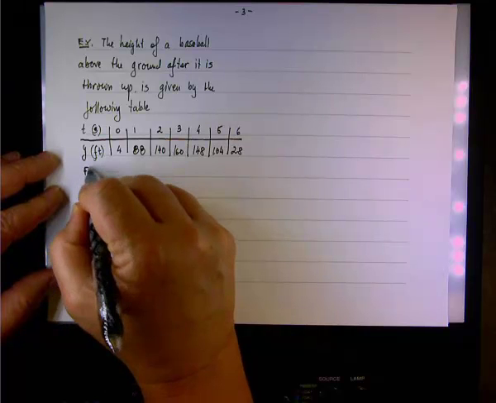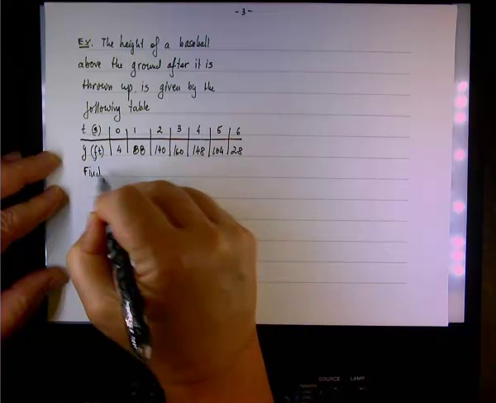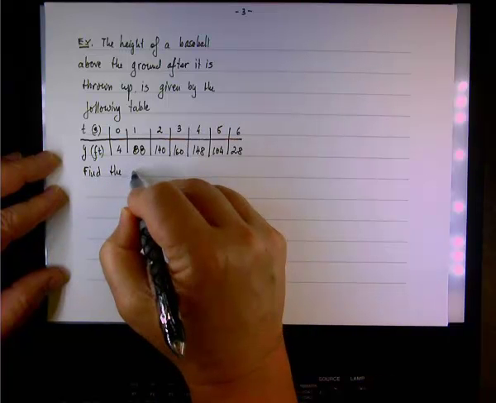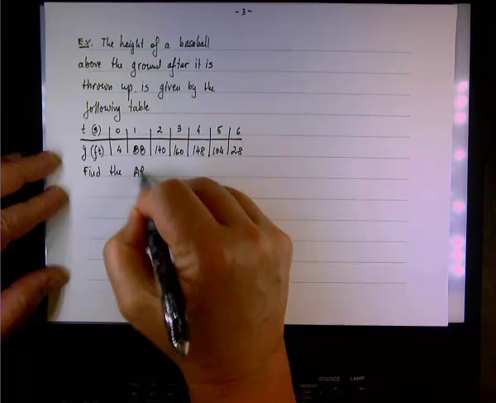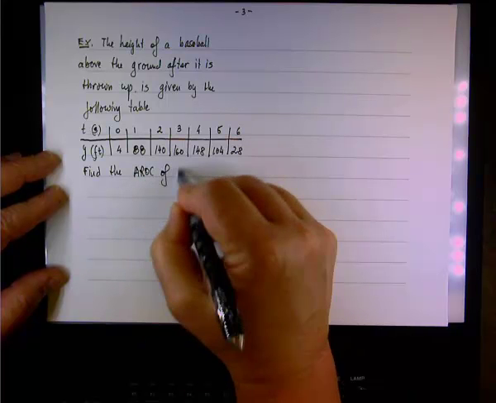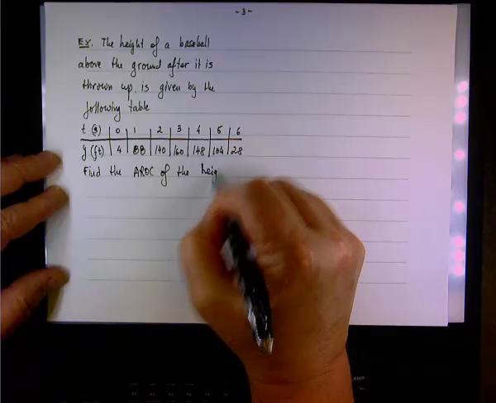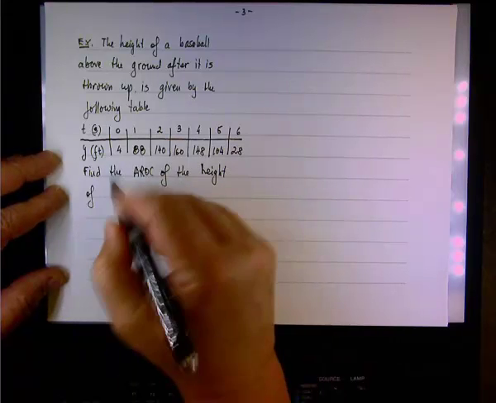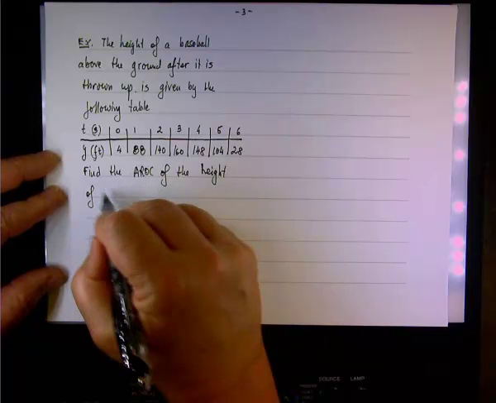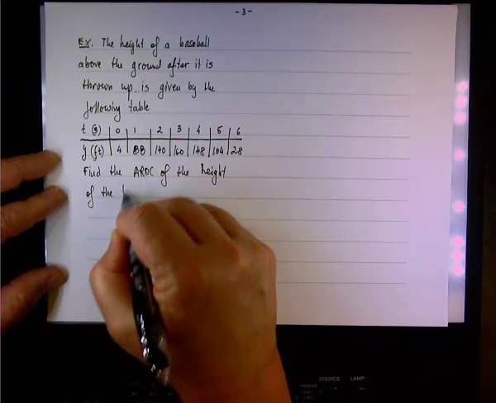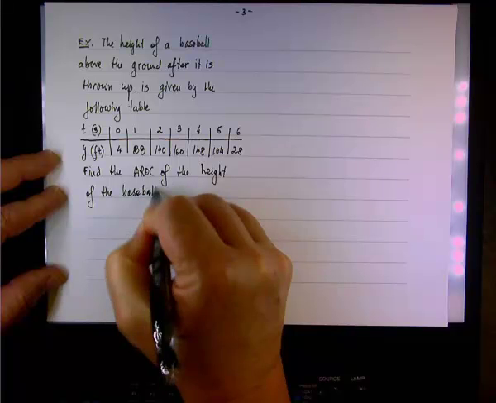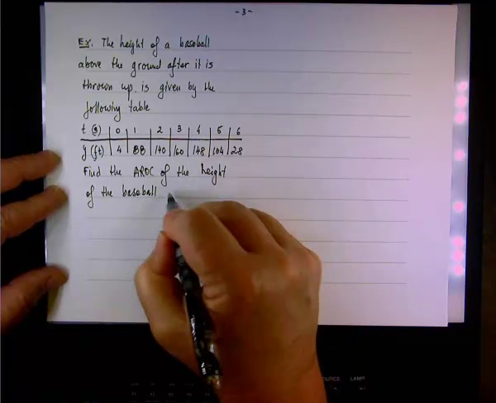Find the average rate of change of the height, so the AROC of the height of the baseball during the first 3 seconds.